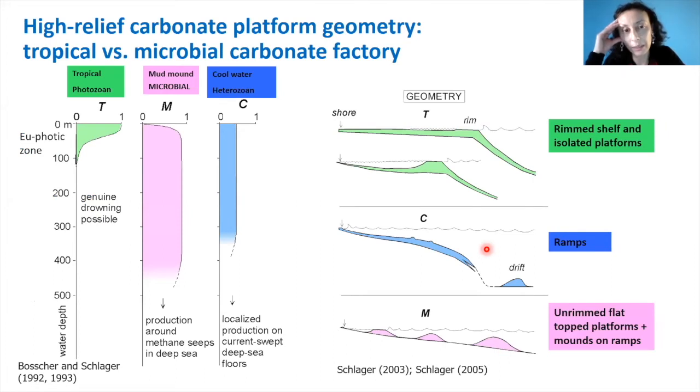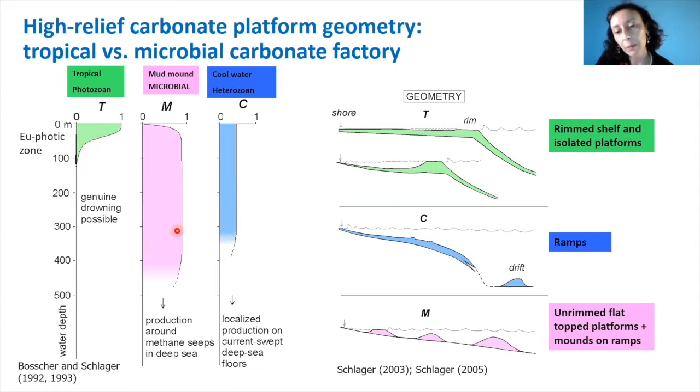Schlager clearly represented in his classification of the three carbonate platform, differentiating a tropical photozoan carbonate platform where carbonate production is maximum to water depth of the euphotic zone and then decreases exponentially, becoming nearly zero in the aphotic zone, and this is mostly related to carbonate production linked to light dependent autotroph organism or organisms that have photosymbionts.